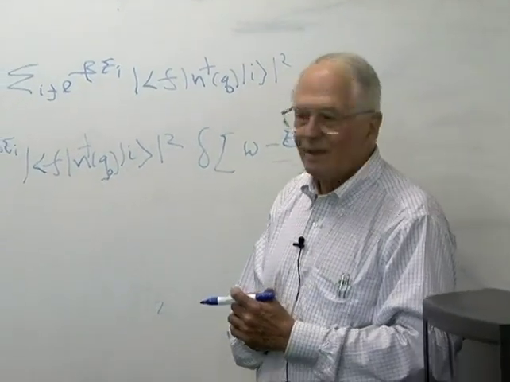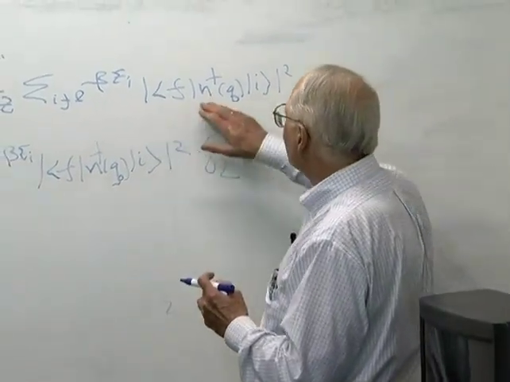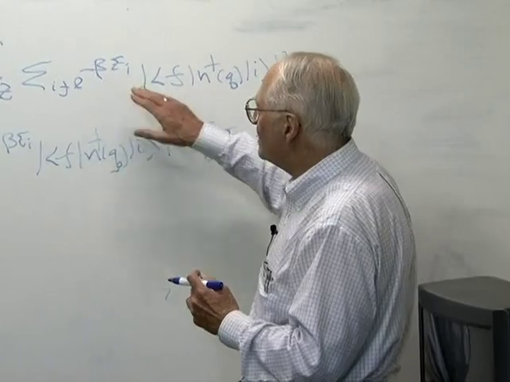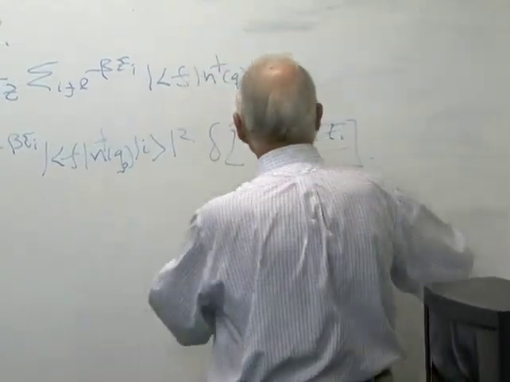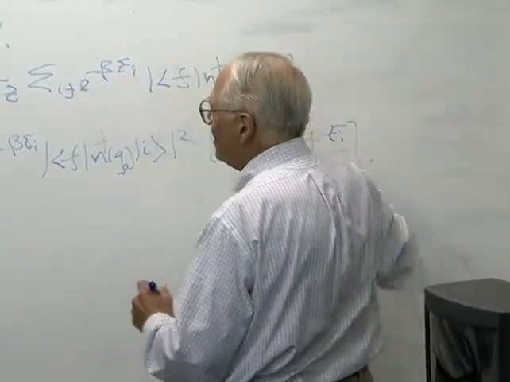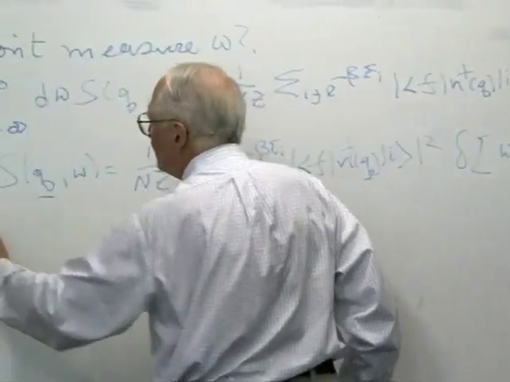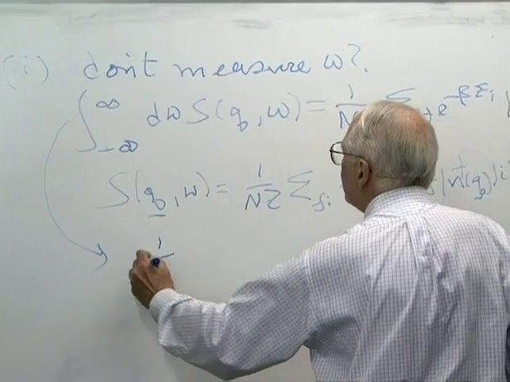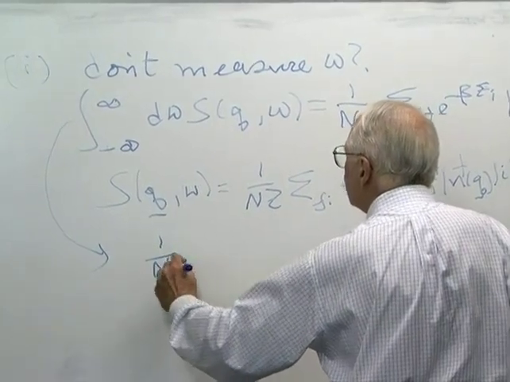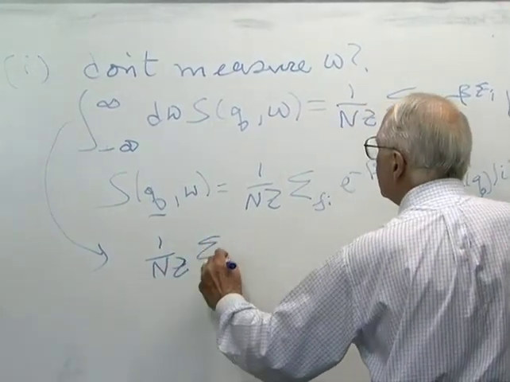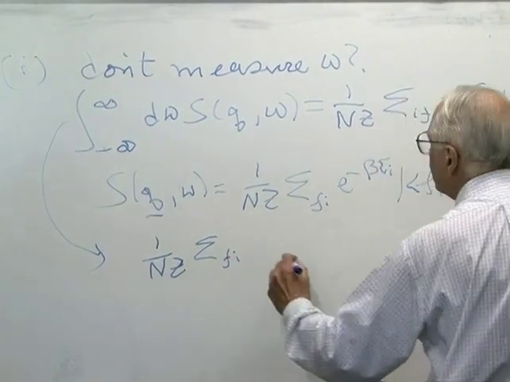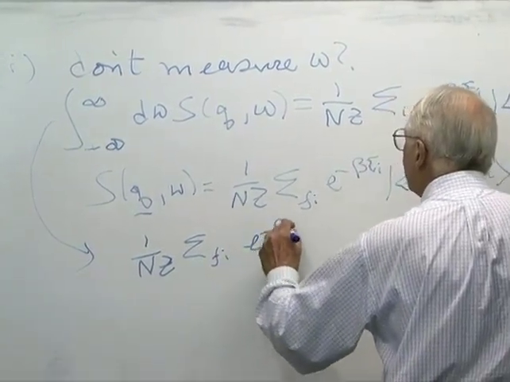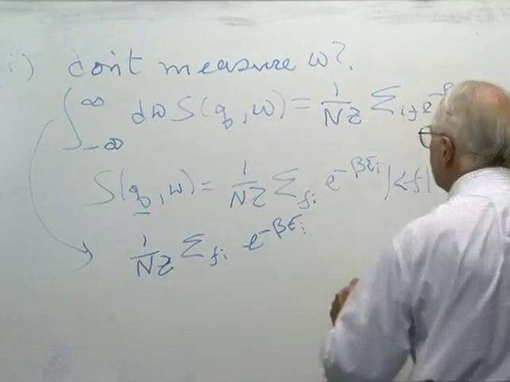Okay? And now we can do some pretty tricks here. So let me write this out. I'm going to leave this formula. If I'd been clever, I'd have had it up here. So I'm going to come down here. I don't want to write this whole thing out again. So I get 1 over nz, sum on f and i, e to the minus beta Ei.